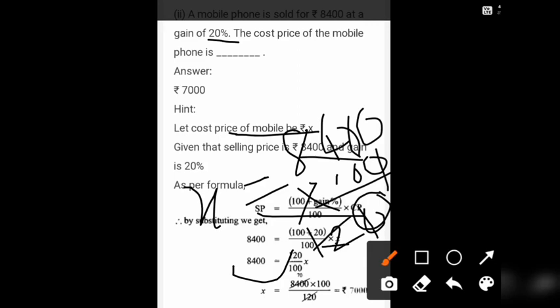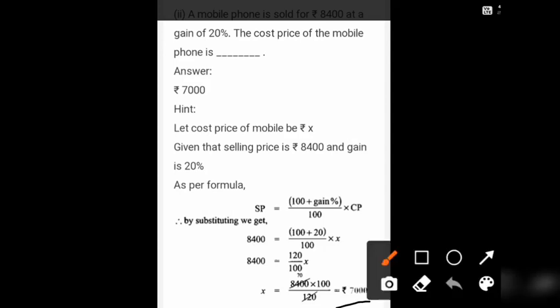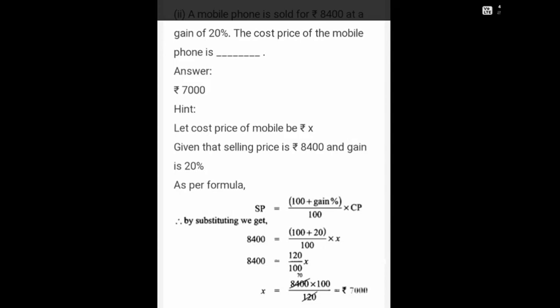Using the 12 table, this is 7 times, 700. 700 into 10, 7,000. Our answer is 7,000.